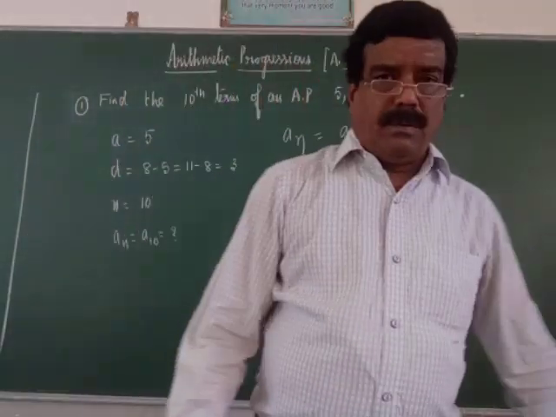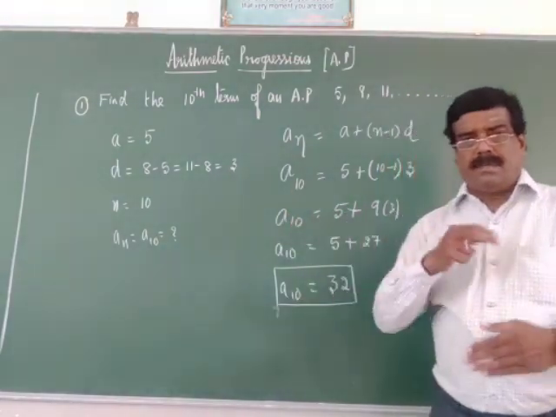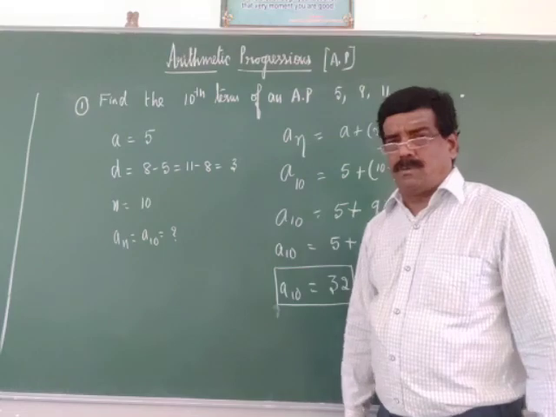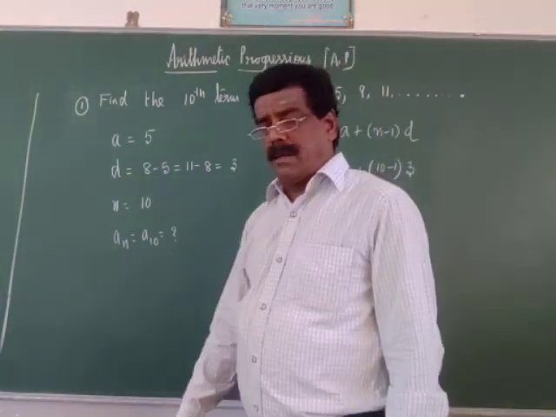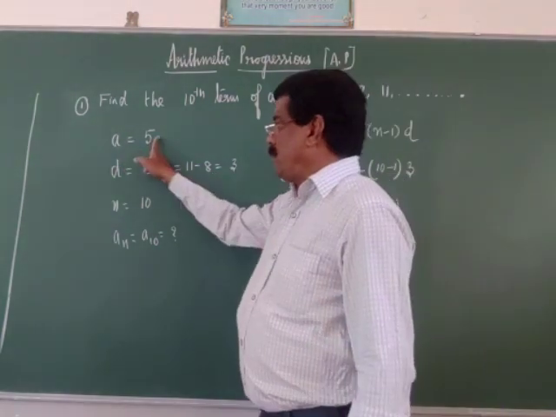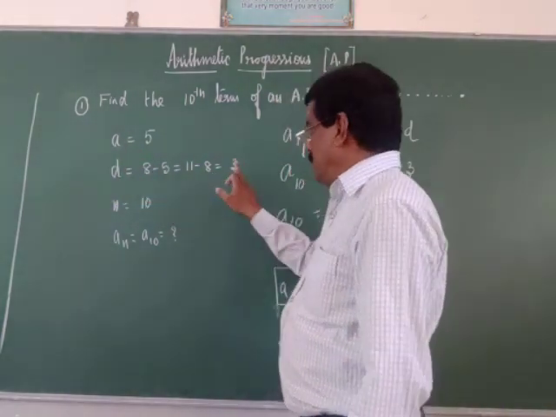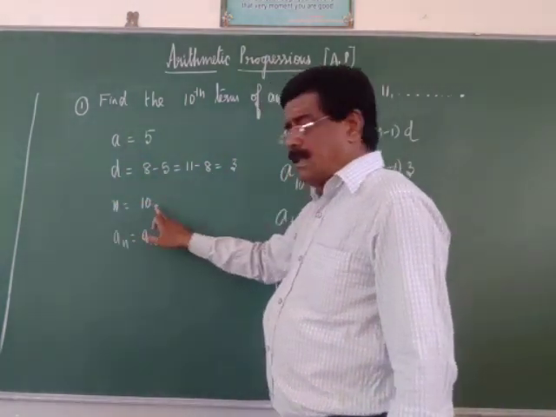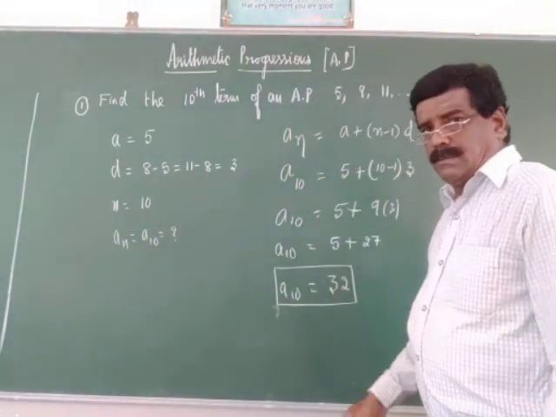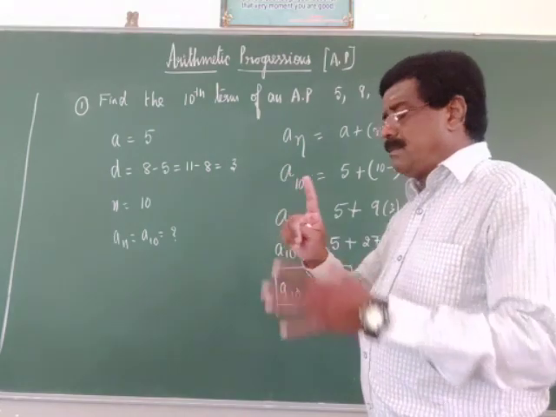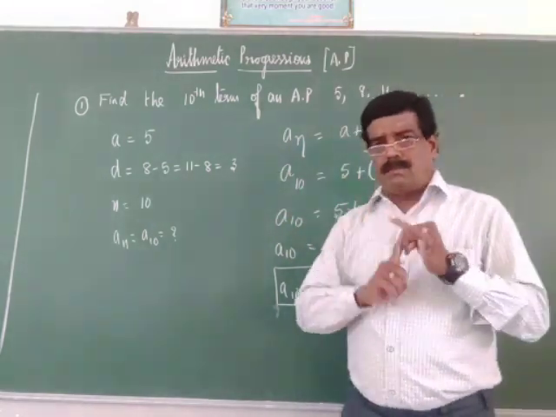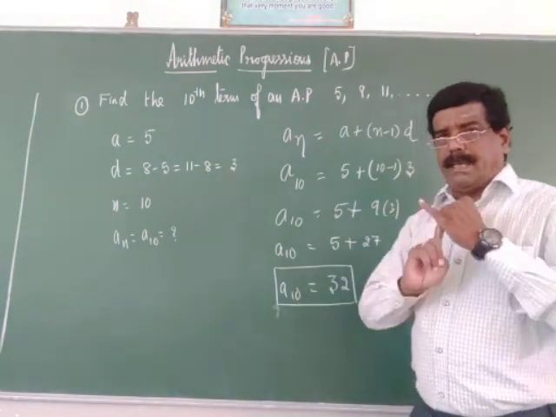Now, we will discuss the same sum in different parameters. That's how you can change the same question. Be careful. Please observe children here. The first term is 5, the difference is 3, the number of terms is 10, and A10 you just now found as 32. There are 4 concepts: first term, difference, number of terms, then AN.